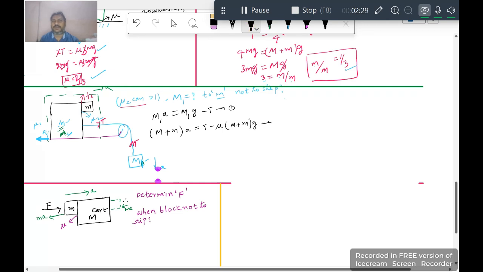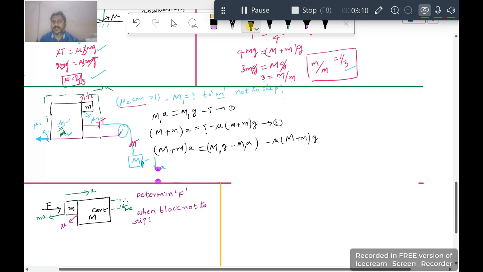So this is the equation. And we can substitute the T value here: M plus m into a is equal to T, which is m1 into g minus m1 into a. So m1 is what I want to find out, minus mu into capital M plus small m into g.